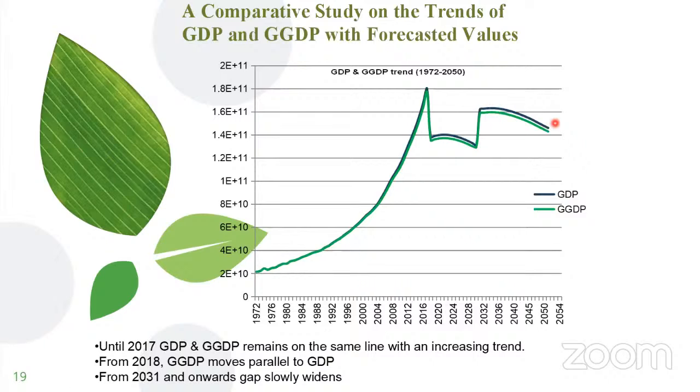So though until 2016 both green GDP and GDP of Bangladesh are in the same line and showing sustainable development, if it continues like this, then in the future there may come a time when Bangladesh will be overestimating its sustainable development, and will not be in its range of sustainable development, because the difference between its GDP and green GDP will be higher.